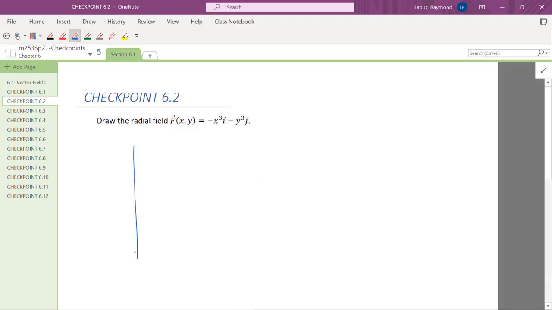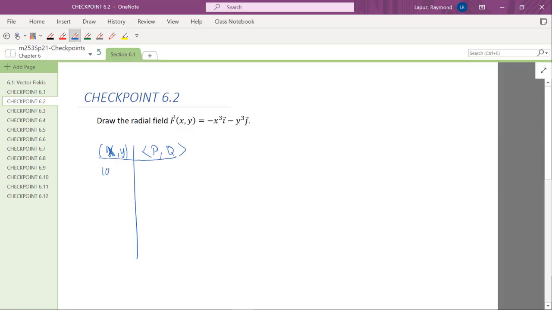What we can do is plot some points or vectors. We can consider some xy points, and then we'll output some values for the i and the j components of the vector.